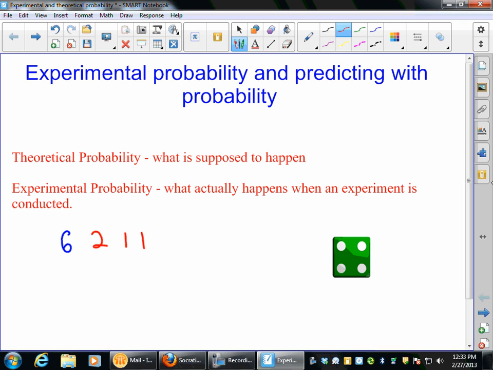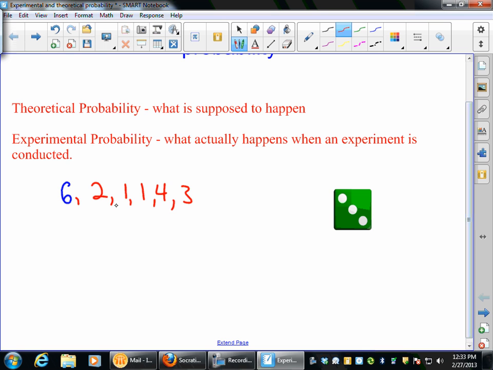Fifth roll gives me a 4. And my last roll gives me a 3. Okay, so theoretically, I should get one 1, one 2, one 3, one 4, one 5, one 6. I was actually pretty close to that. The only thing I'm missing is the 5, and instead of a 5, I got 2 ones.